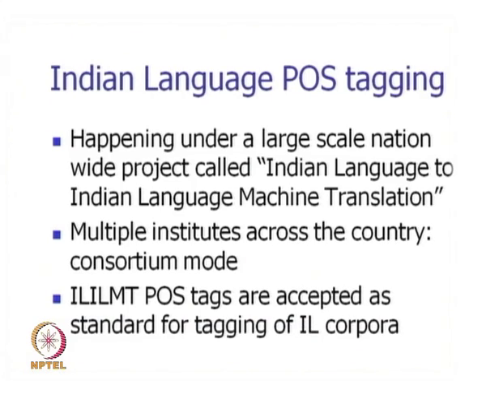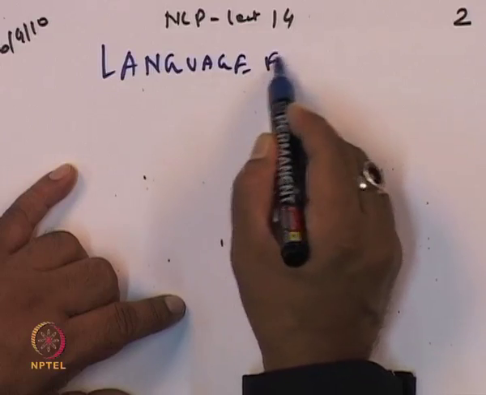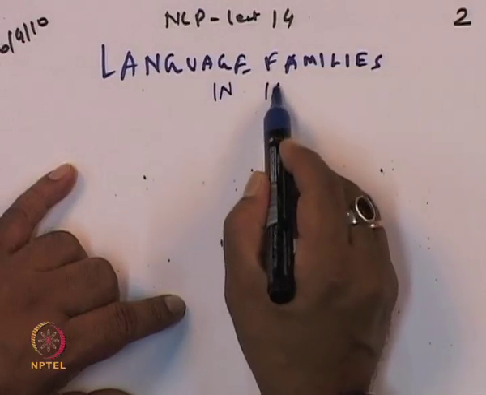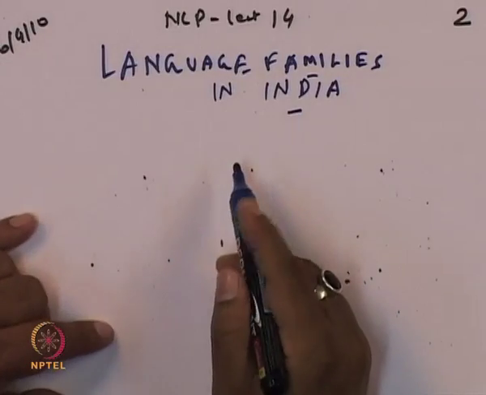So, let me just make a remark on this particular point, the language groups in India, and I would like to write it down. Language families in India. This is important for any kind of natural language processing in the country.